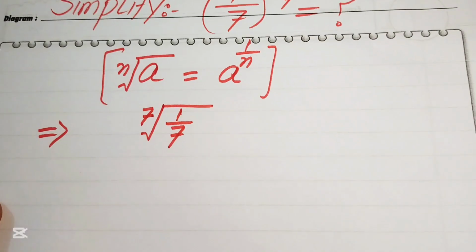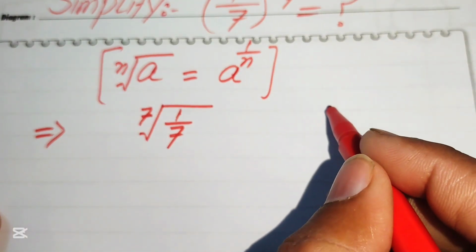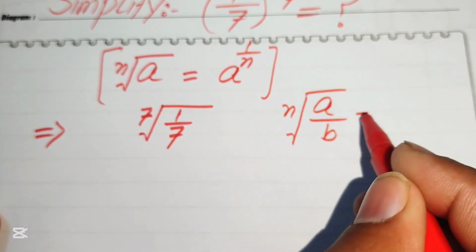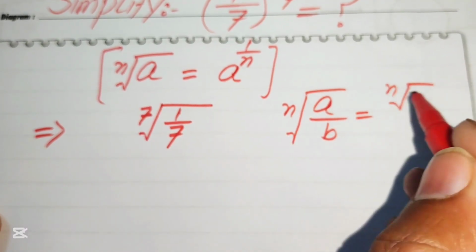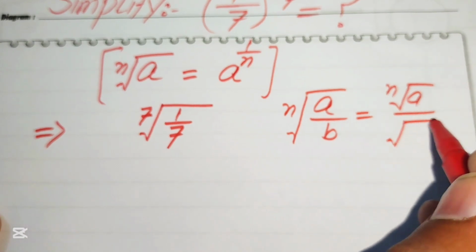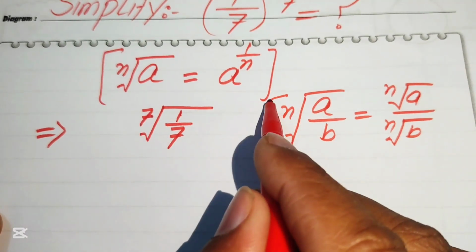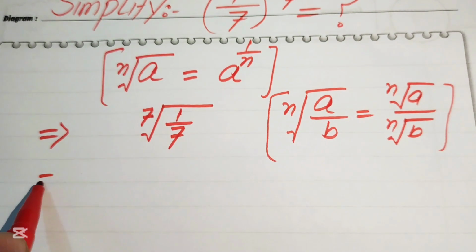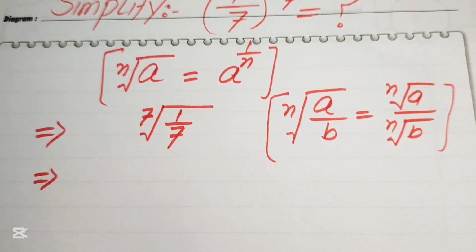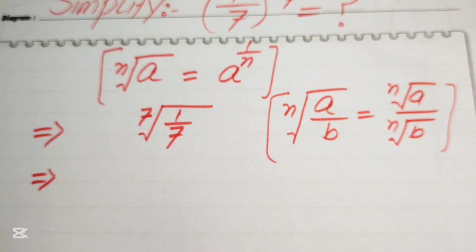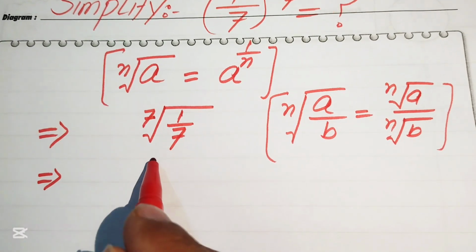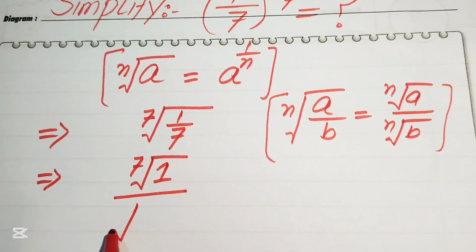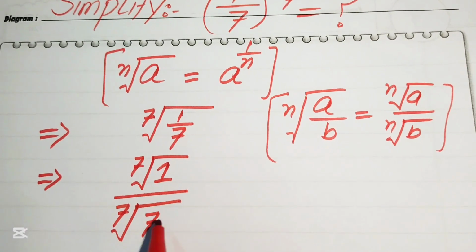Okay, so further here we need another radical law. You know that if you have a over b and its nth root, we can apply this nth root separately on both of these terms. So according to this radical law, we break the seventh root on both terms, and we write it as the seventh root of 1 divided by the seventh root of 7.